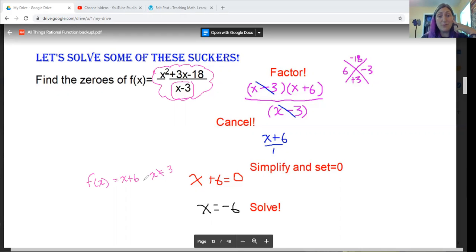That means that when we graph this stinker, it's going to be like x plus 6, a slope of 1, going up 6, but at 3, right here, it's going to have a hole in that graph, and otherwise it's just going to be a line. So all this hot mess graphs out to a line with a hole in it.